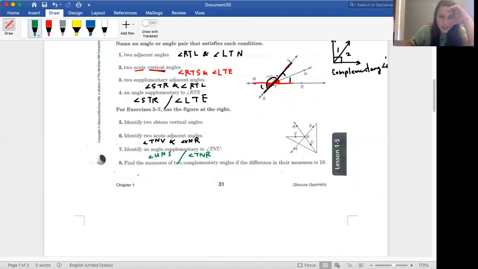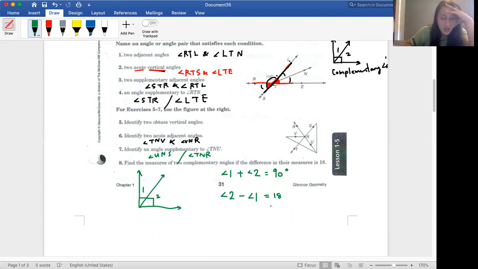I want to find the measurements of two angles, angle 1 and angle 2. Put together, they need to be 90 degrees, and when you subtract them, it has to be 18. So angle 1 plus angle 2 has to equal 90 degrees, and angle 2 minus angle 1 has to be 18.